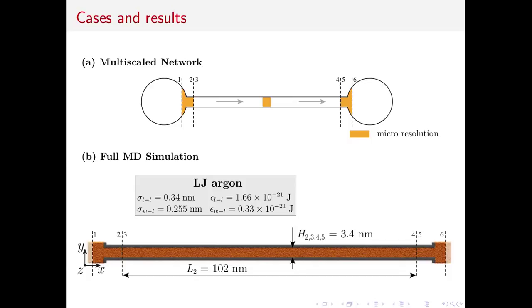So despite our method being applicable to more complicated networks, we choose to validate using the GenIMM as a design tool by considering a serial network which is comprised of a straight channel connecting two reservoirs. So this is shown in illustrative form in figure A, with the micro resolution highlighted in yellow.